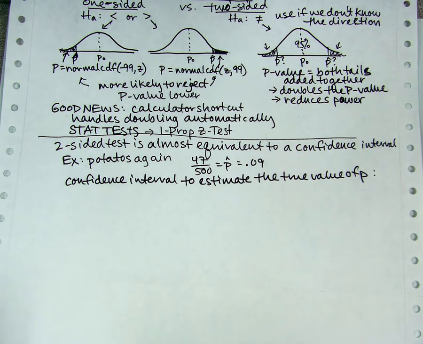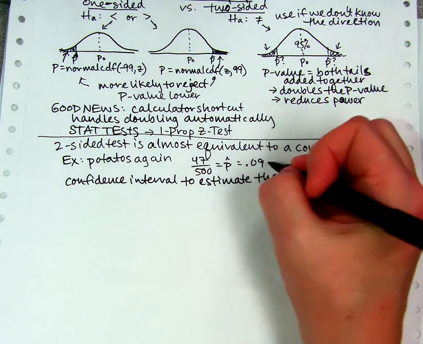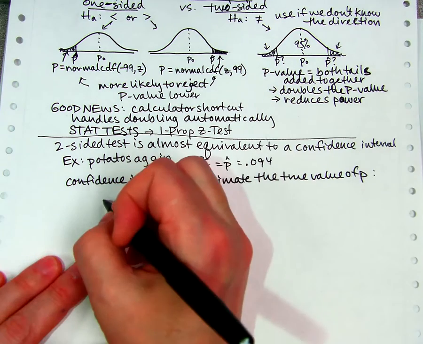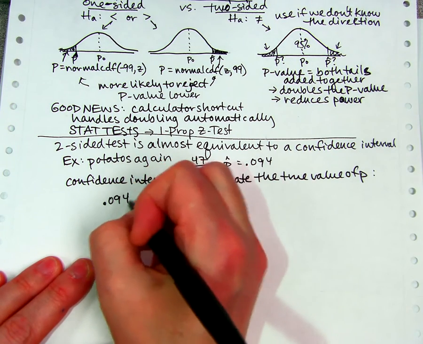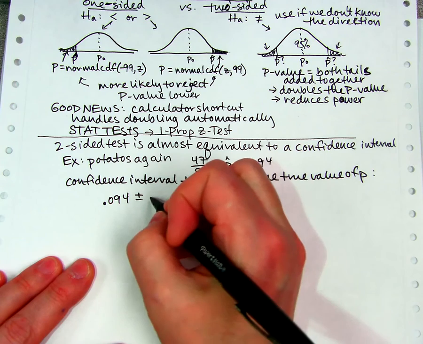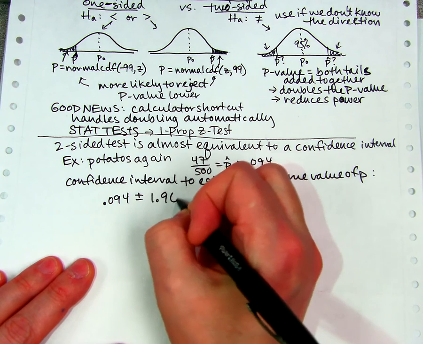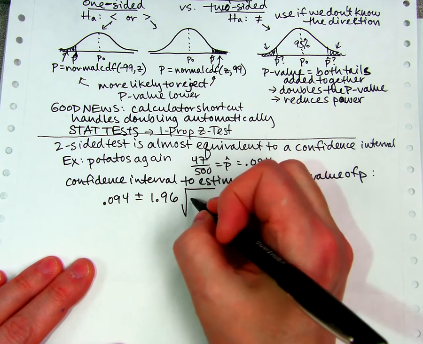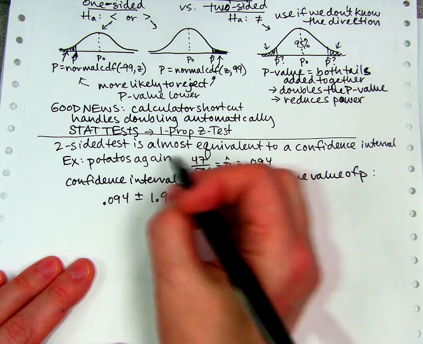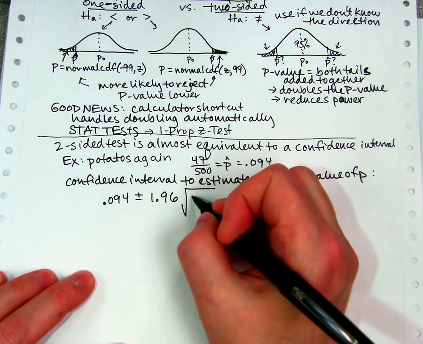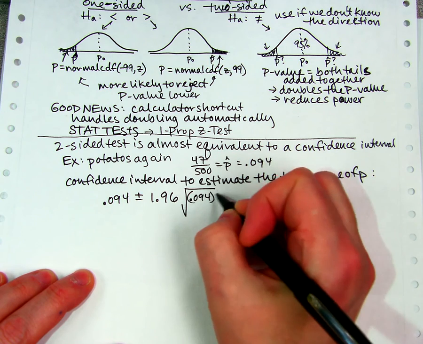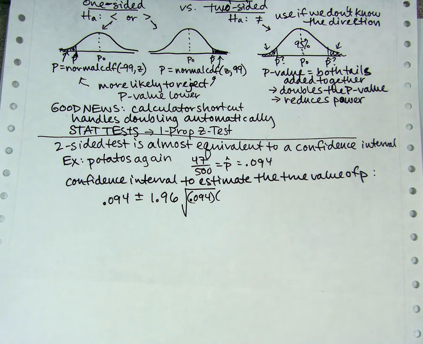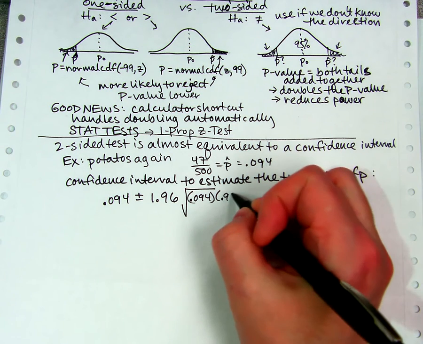It was 0.094. Okay, so I could take my 0.094 plus or minus 95%, which would be a z-star of 1.96, and then I could do this. The reason I said almost is this would not be the 0.8 in here. It would be the 0.094 times the complement of 0.094, which is 0.906.